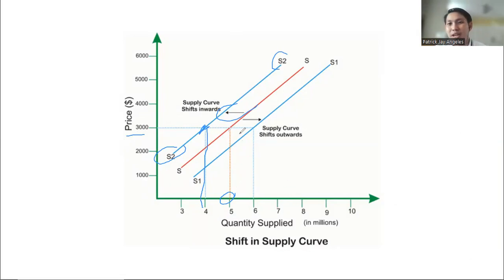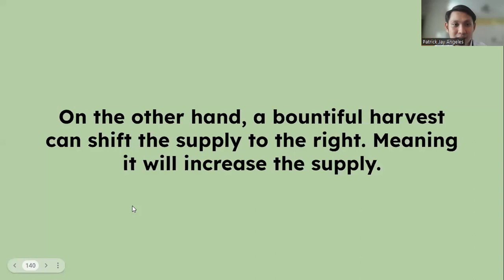But because of the increase in minimum wage, yung 3,000 na yon, nasa 4,000 na lang yung kaya nilang ma-produce. Okay? So bumababa significantly and nag-shift siya papunta po sa left. So yun yung changes kung paano mag-apply yung changes when it comes to supply. That is when it is decreasing.